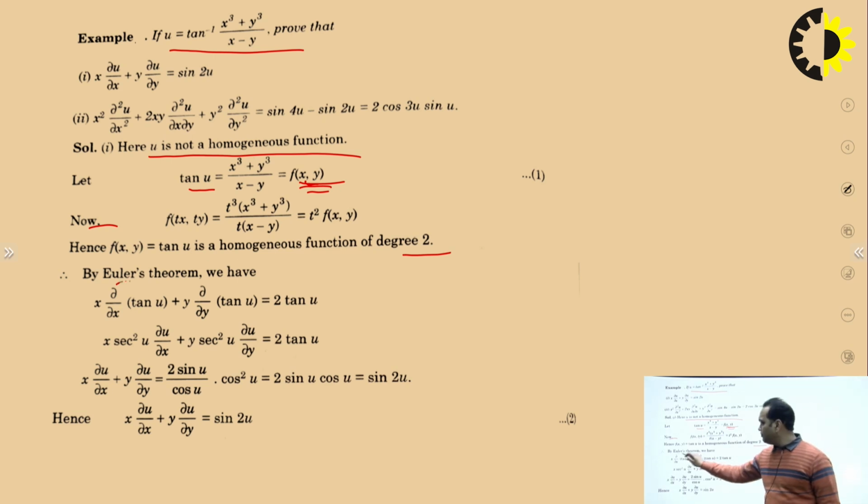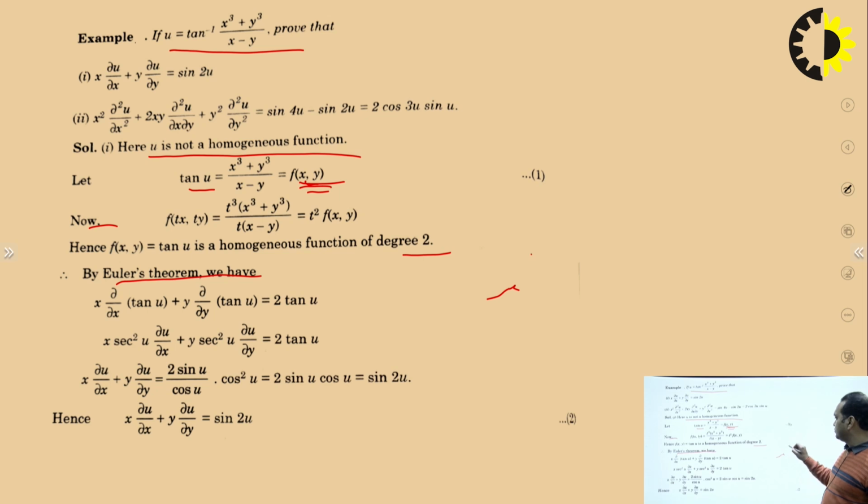By Euler's theorem, we have x ∂(tan u)/∂x + y ∂(tan u)/∂y = 2 tan u. Now ∂/∂x tan u implies ∂/∂u (tan u) times ∂u/∂x.